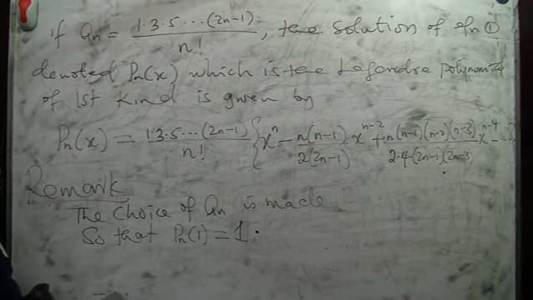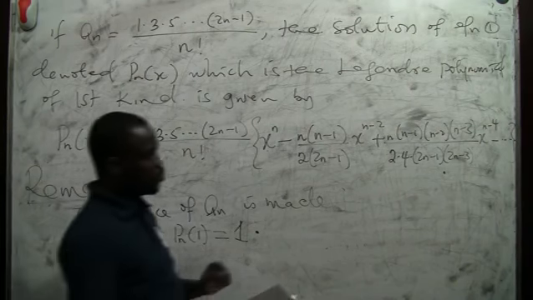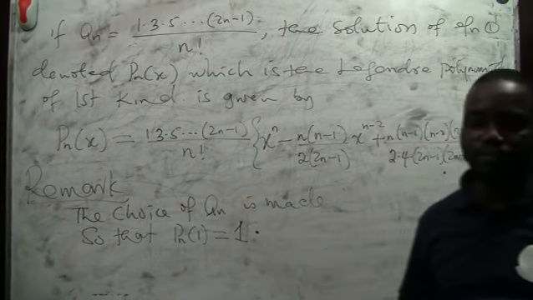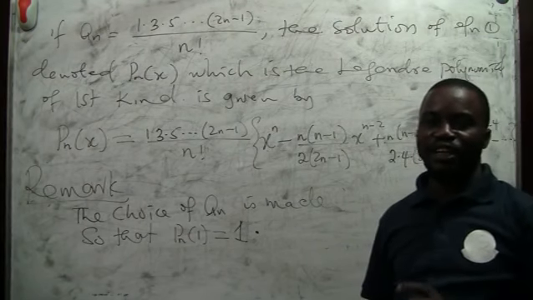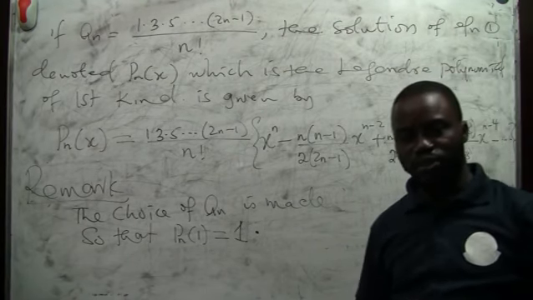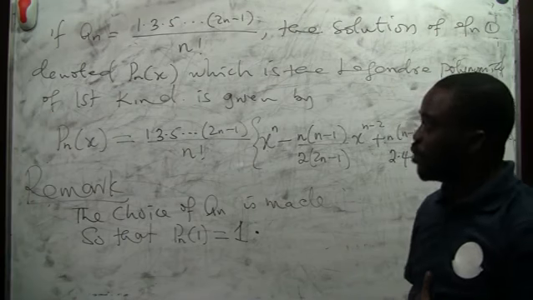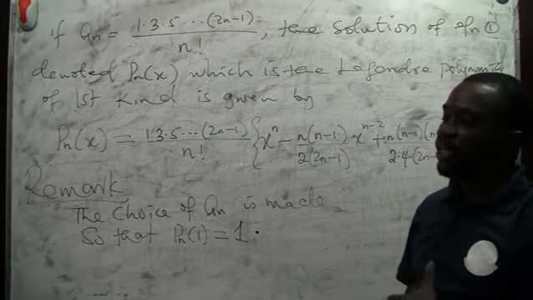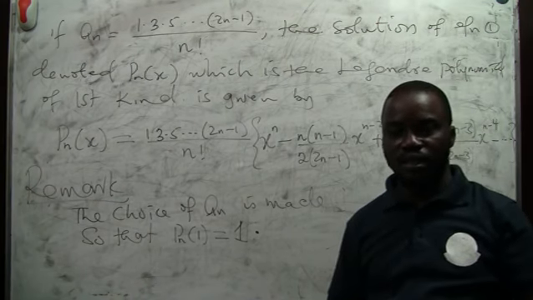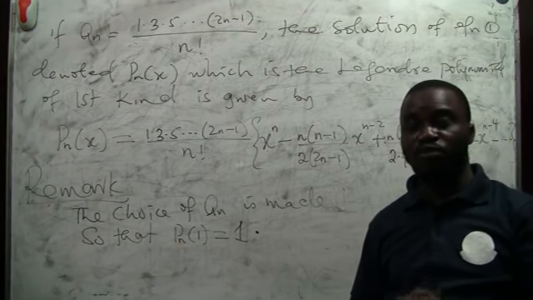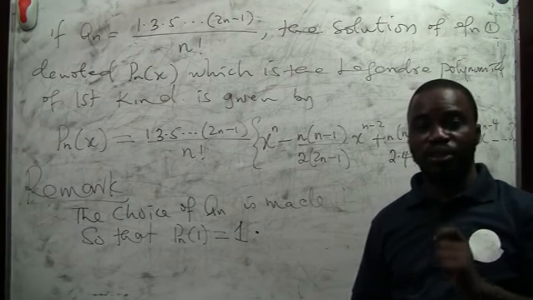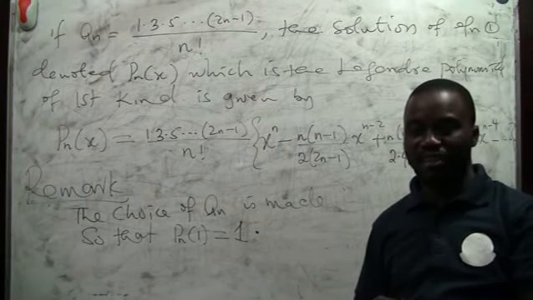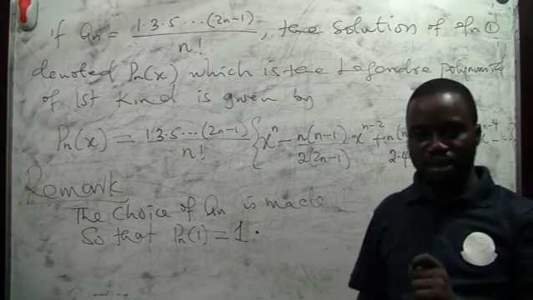And that is where we are going to draw the curtain on today's class. So far, we have been looking at the Legendre equation. In today's class, we have established the solutions of the Legendre equation, which are Legendre polynomials of first kind and second kind, using Frobenius' method.